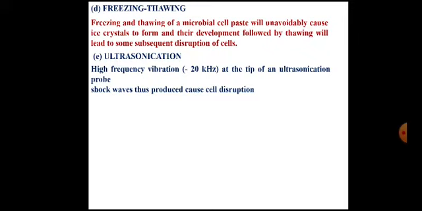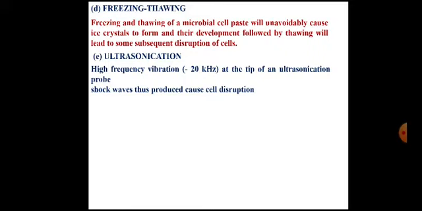So this fluid mosaic model that we have learned, this phospholipid bilayer, gets disturbed, gets destabilized, and that leads to the formation of pores in the cell membrane as well as in the cell wall. So these shock waves thus produced are responsible for causing the disruption of cells.